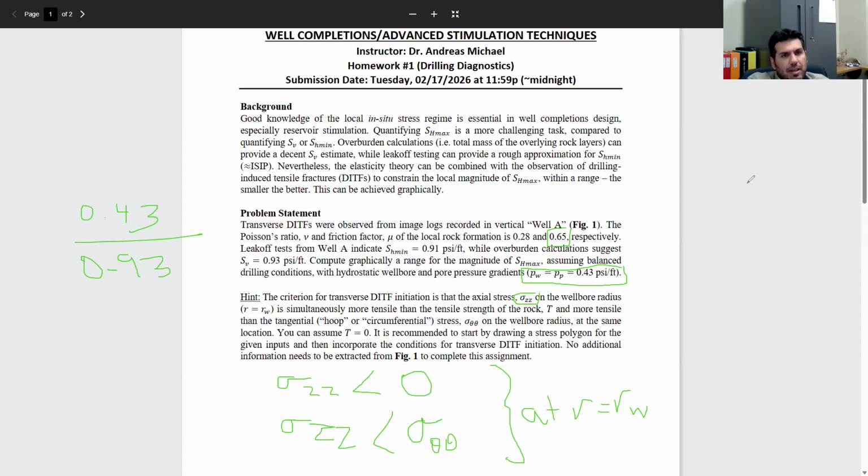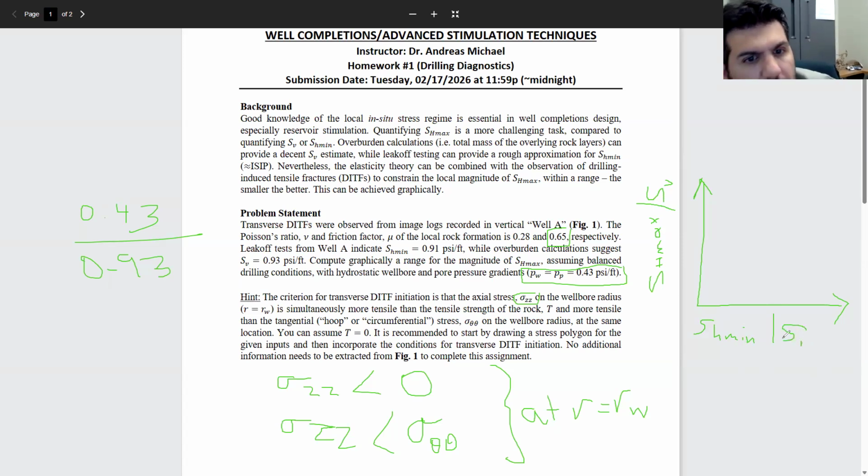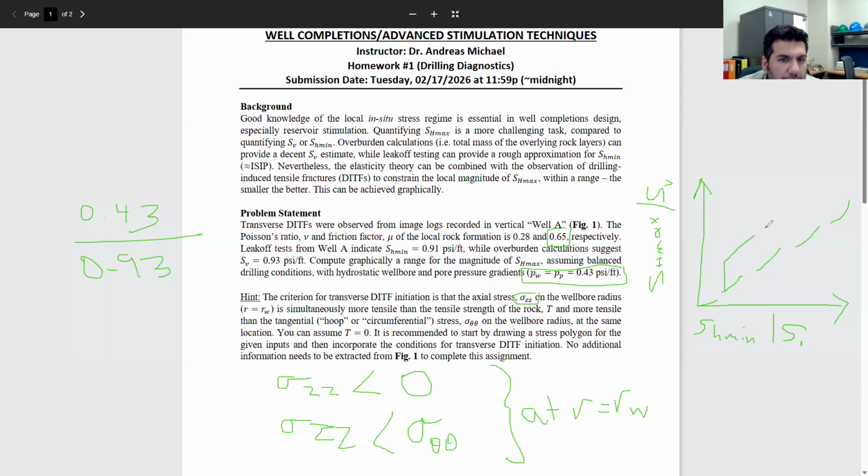So the idea is that you will build a polygon divided by SV, and then you have the polygon with a dotted diagonal, and then it's gonna look like this.